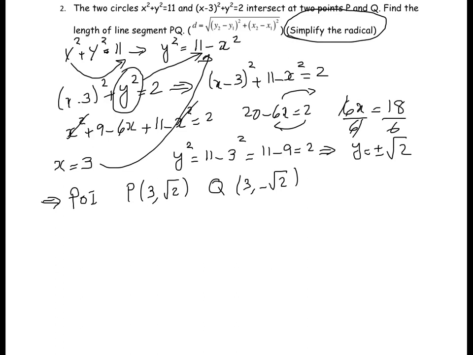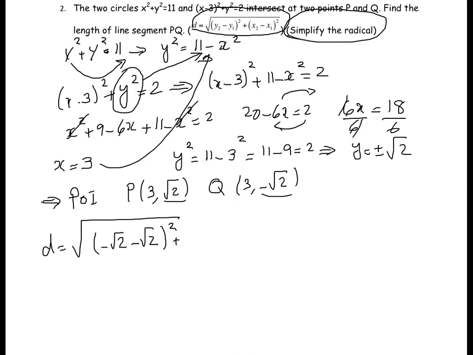Now I'm going to use the distance formula given in the problem, and I'm going to say D is square root of (y2 minus y1) squared, so negative square root of 2 minus square root of 2, squared, plus (x2 minus x1) squared, which is 3 minus 3, squared.